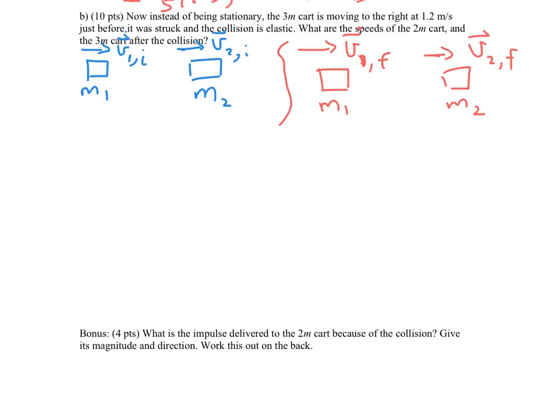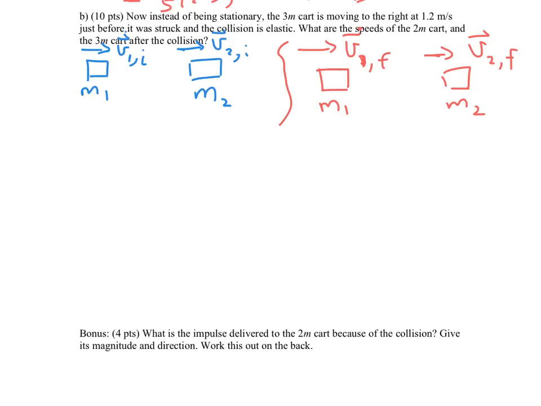Now, if you apply conservation of linear momentum and conservation of kinetic energy, you can show that there's a very simple relation between these four velocities. And this relation is as follows.